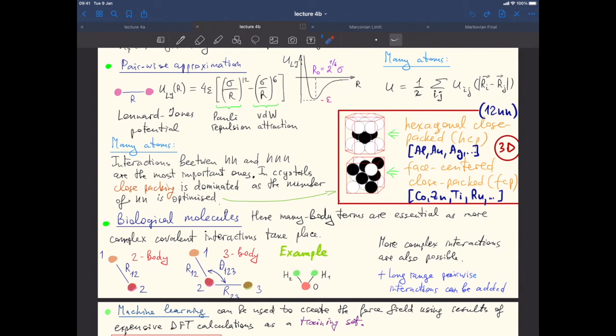Also, more complex types of terms exist. And of course, if the system is charged, there are charged atoms, there are also Coulomb interactions which need to be added.